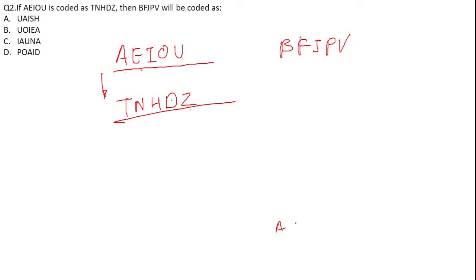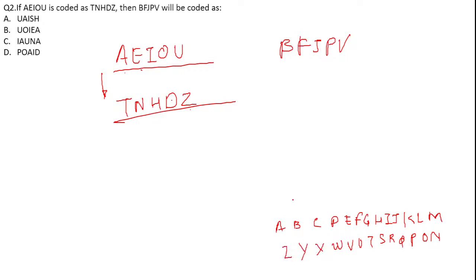So A, B, C, D, E, F, G, H, I, J, K, L, M, then N, O, P, Q, R, S, T, U, V, W, X, Y and Z, correct. So here we can observe that the coding is in reverse manner, okay.